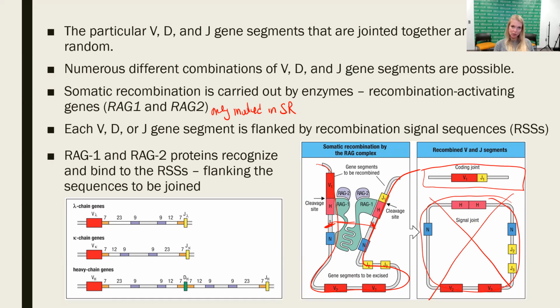The important thing to remember here is not so much the details of the whole process, but rather that RAG enzymes are responsible for somatic recombination. And somatic recombination brings in different gene segments to make a wide diversity of the variable region, where we need lots of variability to recognize all the different possible antigen specificities out there.